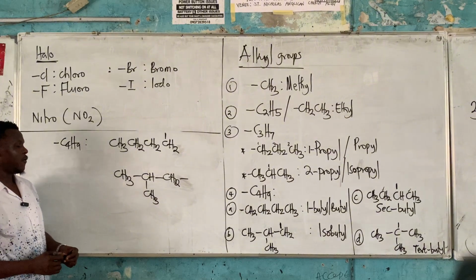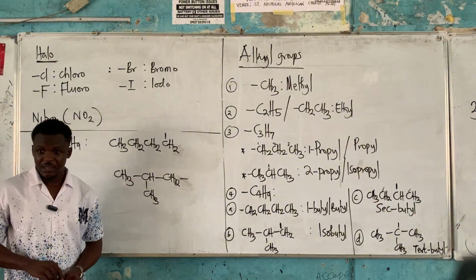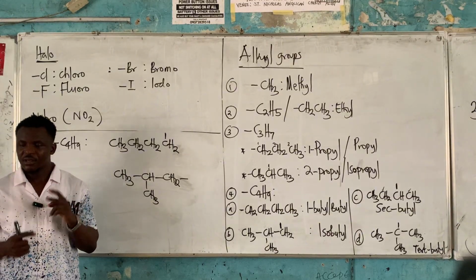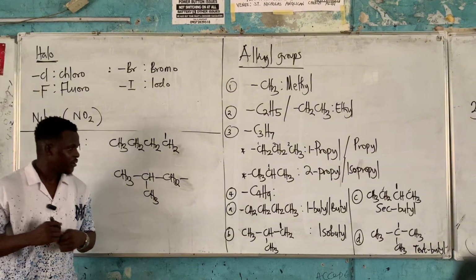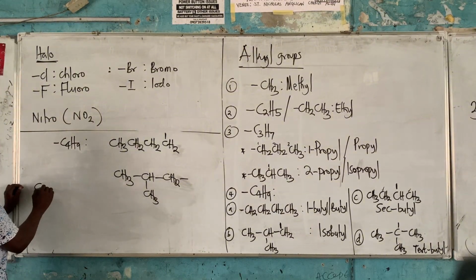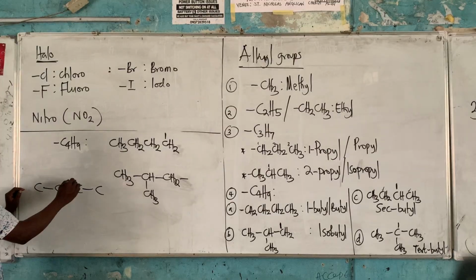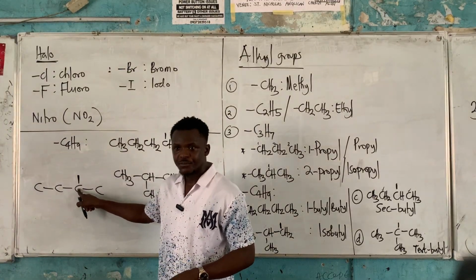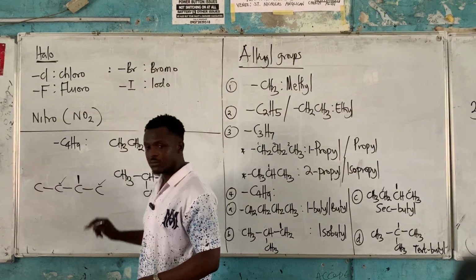Okay. Now, the next one is sec. Sec means secondary. Secondary carbon is a carbon that is attached to two other carbons. Tertiary means a carbon that is attached to how many? 3. So if I say 1, 2, 3, 4 carbon is here, right? I make the point of attachment on this carbon. This carbon is attached to how many carbons? 1, 2.